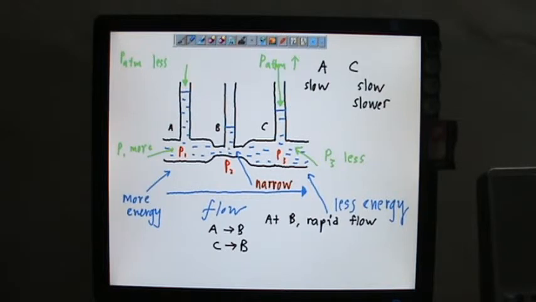So we have a region, I put a cross here. Cross is a region of low pressure. You know why low pressure? Because according to Bernoulli's principle, the faster the fluid moves, the lower the pressure. So X is a region of low pressure.